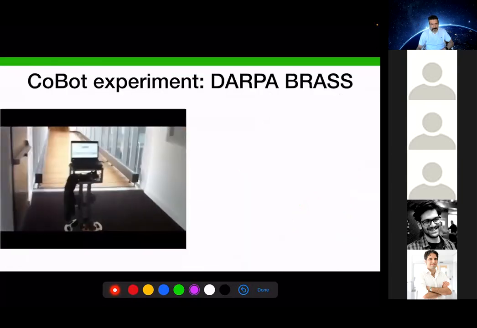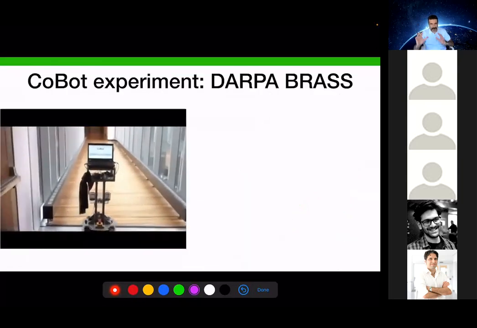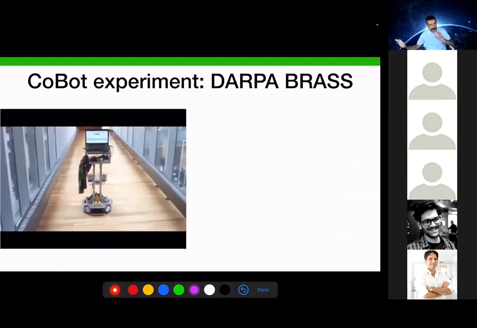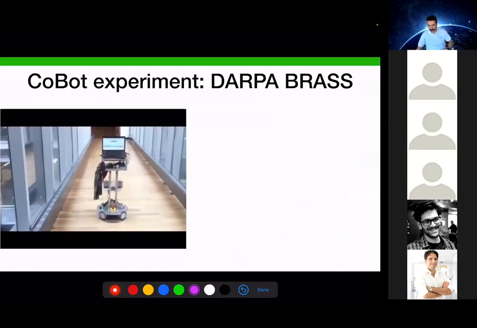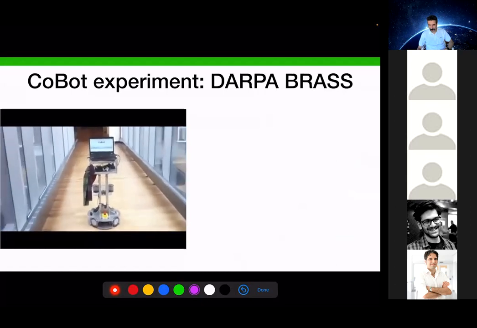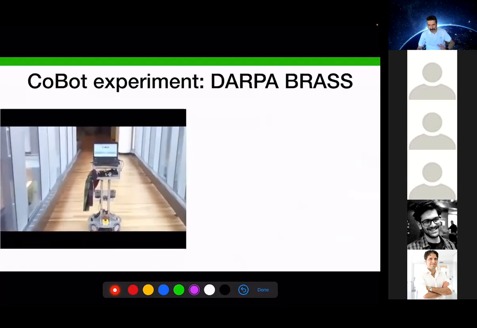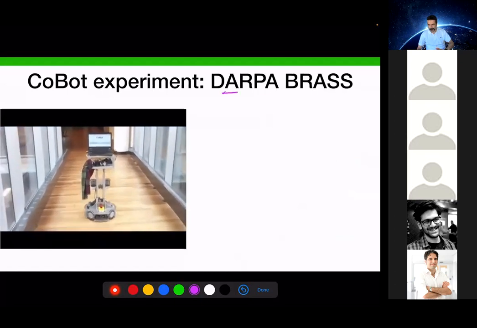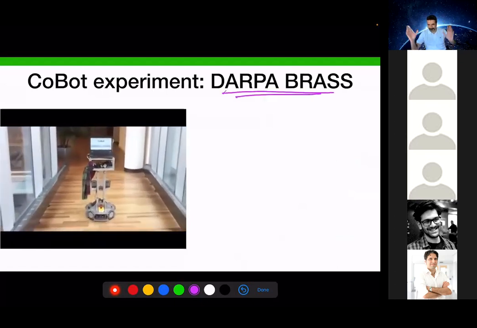Let me wrap up this part, and I would like to jump into the causal work soon, because we don't have much time. But this was part of the DARPA BRASS project that we had.